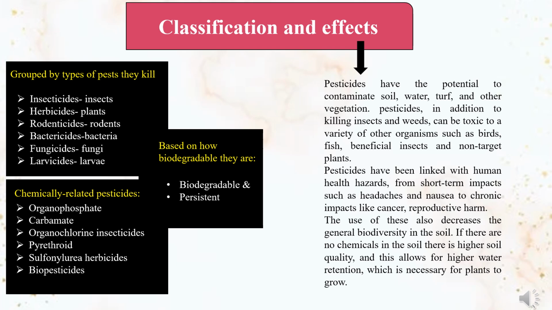Pesticides have been linked with human health hazards from short-term impacts such as headaches and nausea to chronic impacts like cancer and reproductive harm. The use of these also decreases the general biodiversity in the soil. If there are no chemicals in the soil, there is higher soil quality, and this allows for higher water retention, which is necessary for plants to grow.